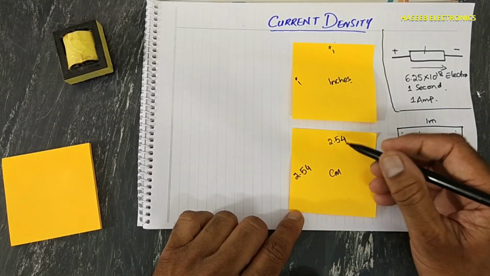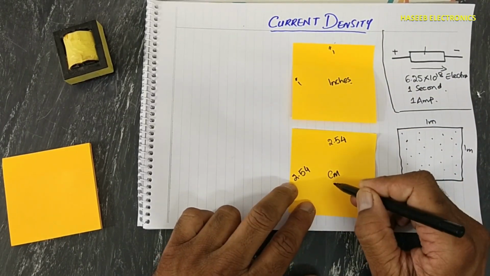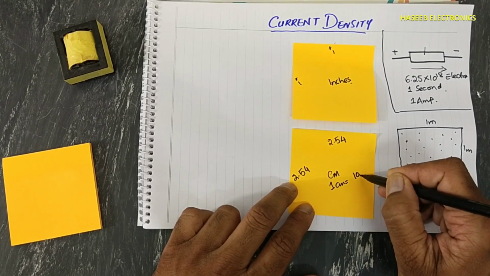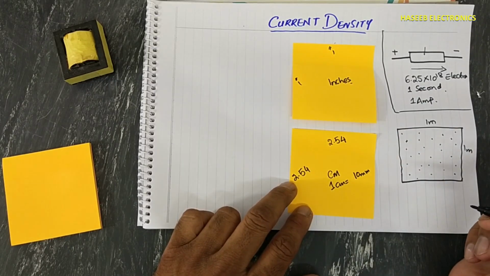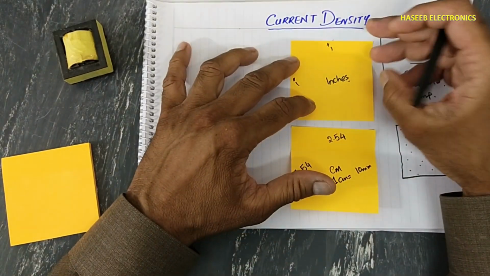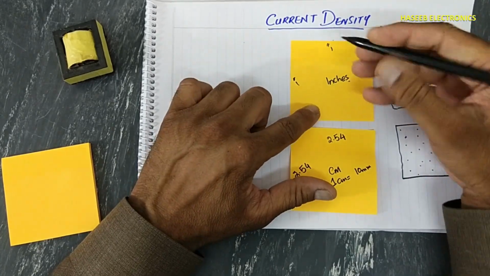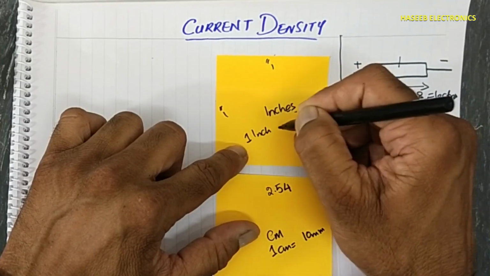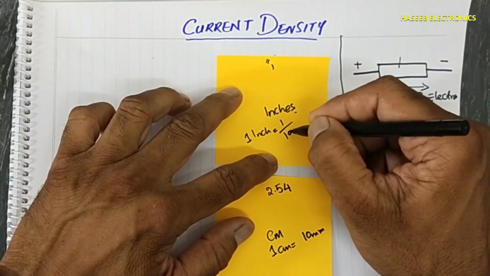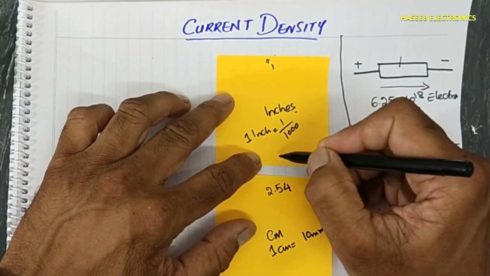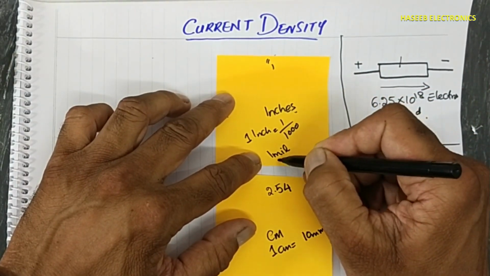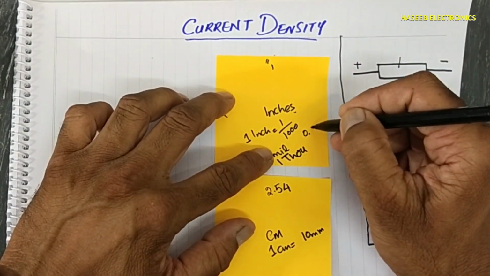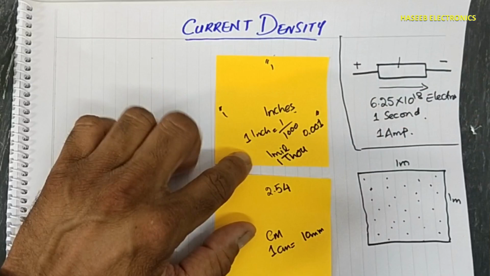If we break it down into subunits, 1 centimeter is 10 millimeter. But if we break down inches, 1 inch is equal to 1 over 1000. It is called 1 mil or 1 thou, and it is 0.001 inch.